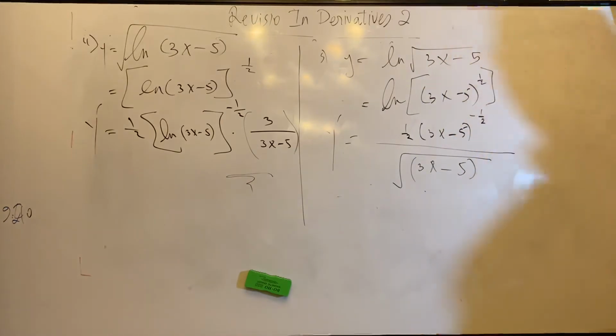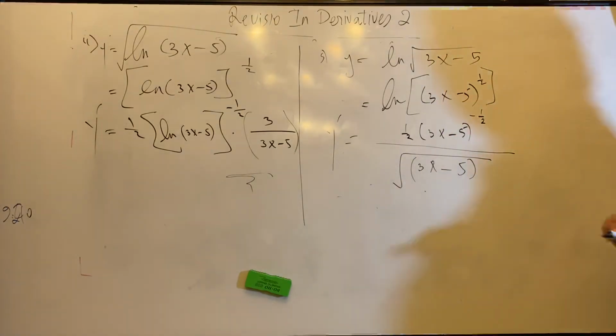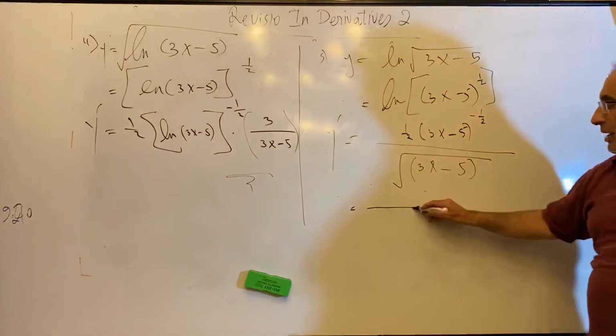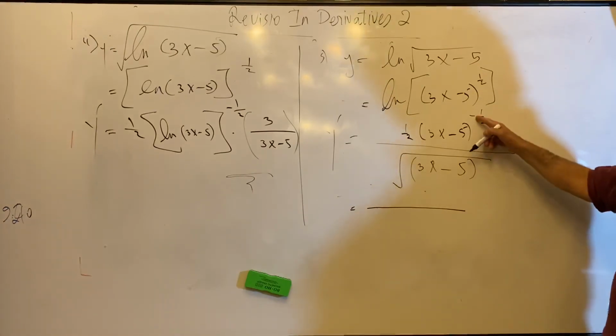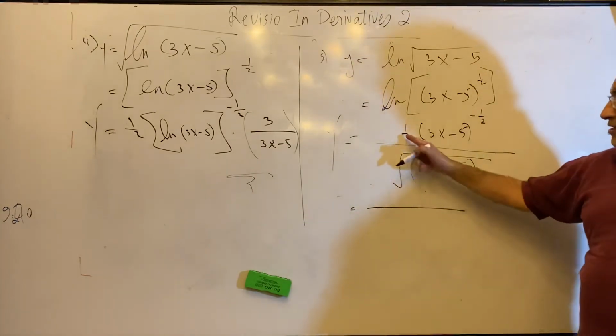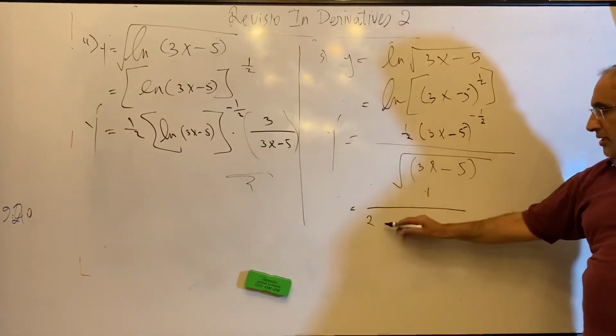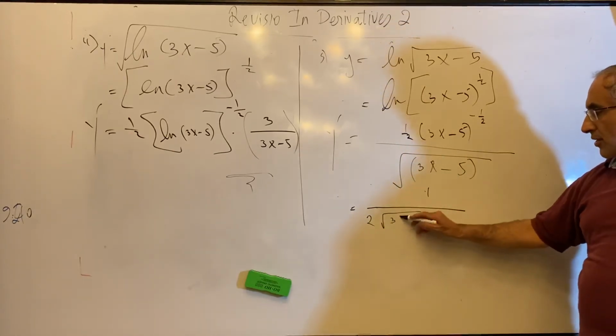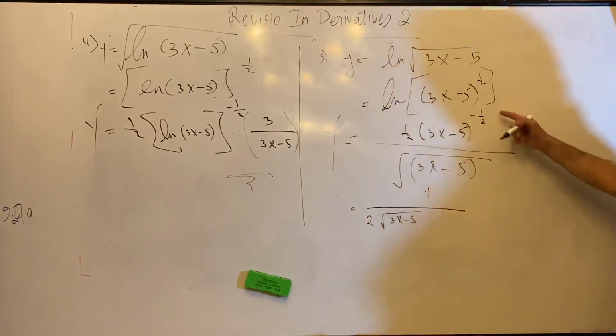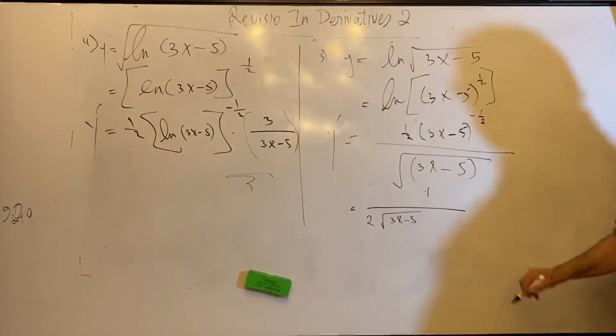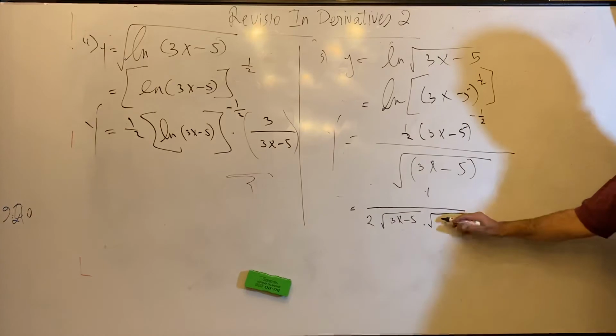The beautiful thing about that, if I continue doing it, look what happens. This is minus half, it comes down. This is 2 down. The only thing up is 1. So 2 times (3x minus 5). This one comes down, it's a plus half, and it's a square root. So another (3x minus 5).